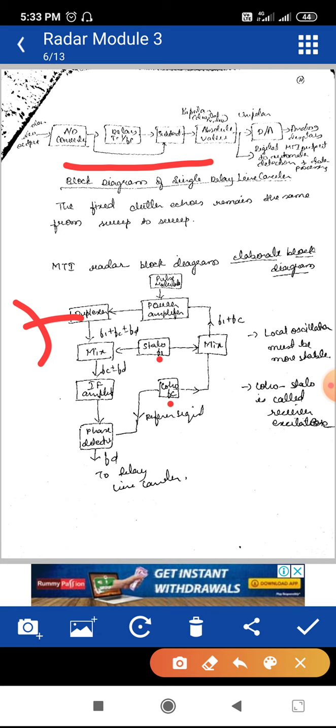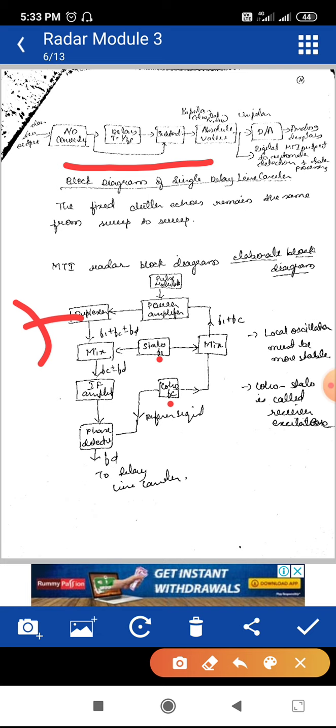Now coherency with the transmitted signal is obtained by using the sum of COHO and STALO as an input signal to the power amplifier. After the phase detector, the output can be given to the delay line canceller, which acts as a high pass filter to separate the Doppler shifted echo signals of moving targets from the unwanted echoes of stationary clutter.